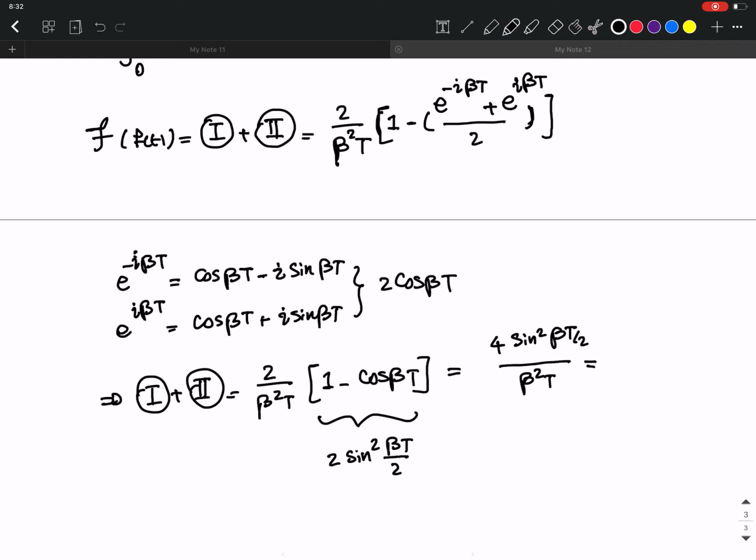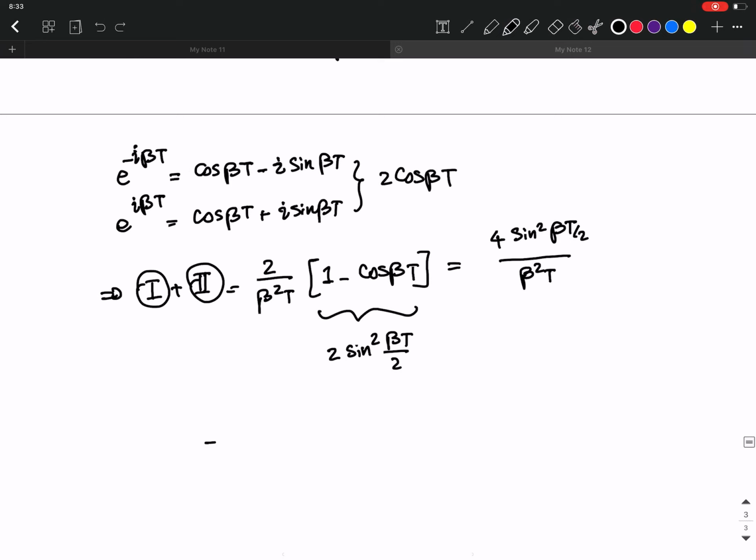And I can write this down as t times (sine beta t over 2 over beta t over 2), the whole thing to power 2, just a rearrangement. You can just check it. It's very simple. And so this is a definition of a function which we call sinc.